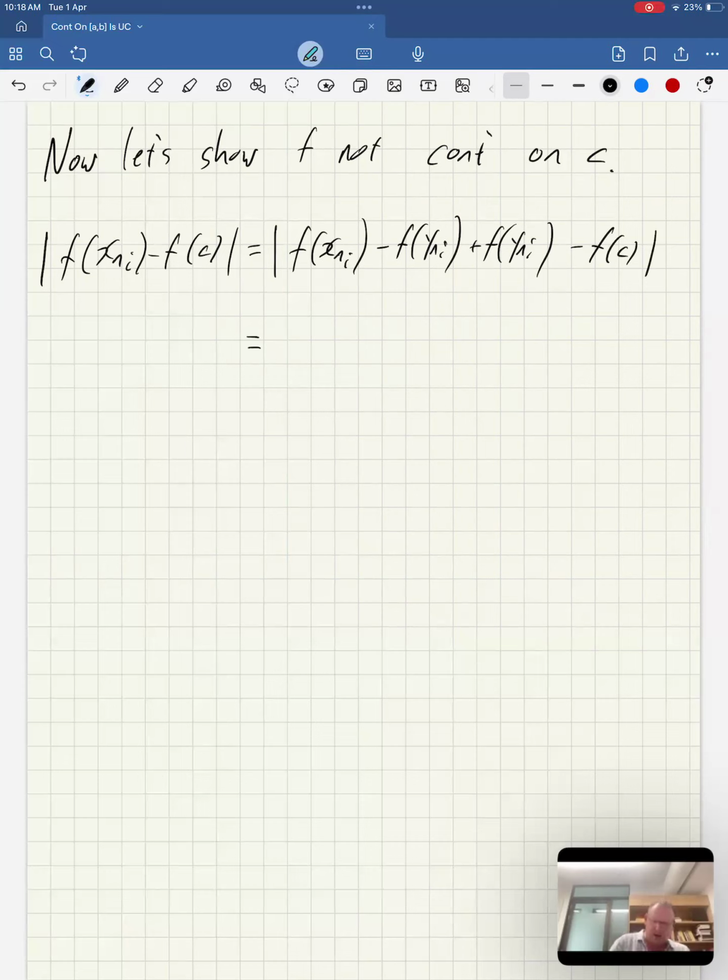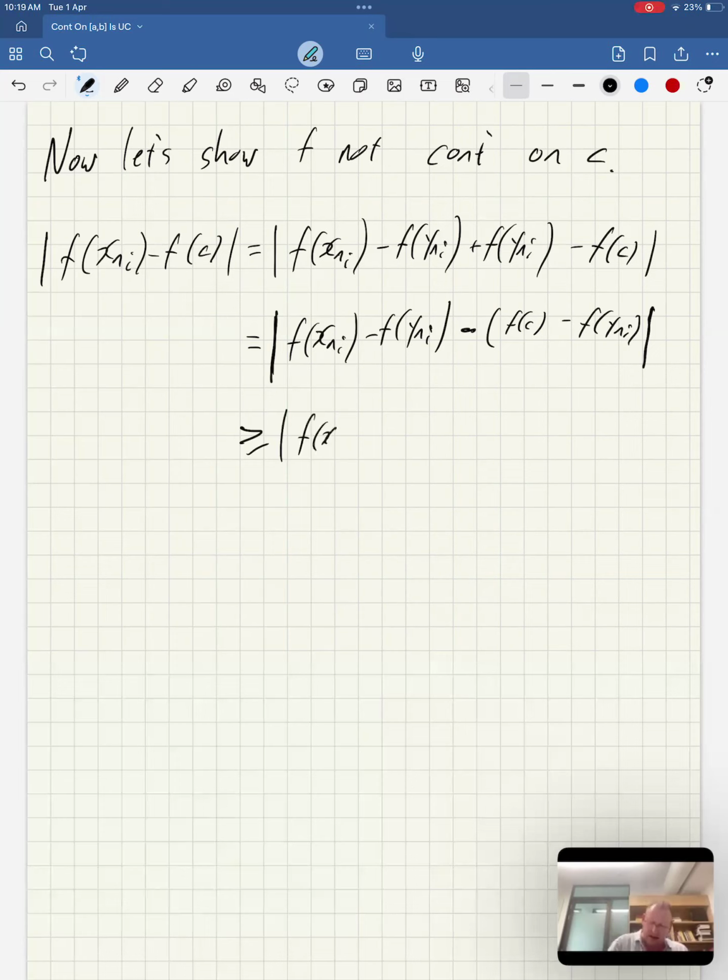If we reorder that, it's f(x_n_i) minus f(y_n_i) minus, open brackets, f(c) minus f(y_n_i). Now let's use the reverse triangle inequality to say that this is greater than or equal to the absolute value of f(x_n_i) minus f(y_n_i) minus the absolute value of f(c) minus f(y_n_i).